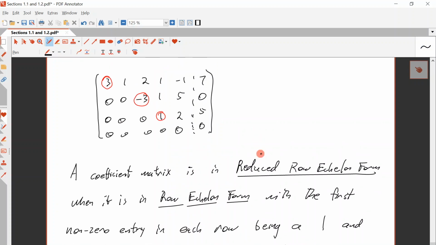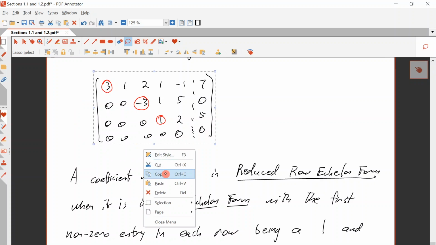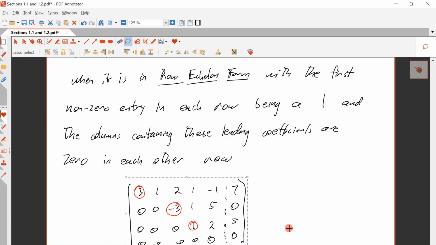So, for example, this is in row echelon form. Reduced row echelon form has a few more conditions. The first non-zero entry in each row is not just some non-zero number, it's a 1. So that's a 1, that's a 1.